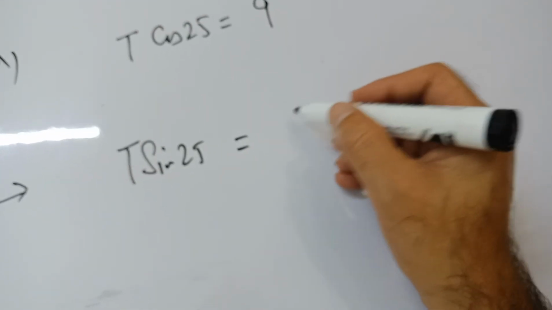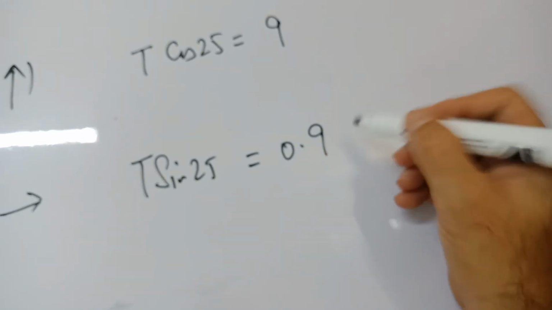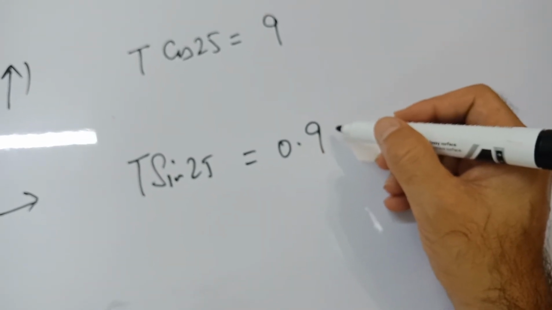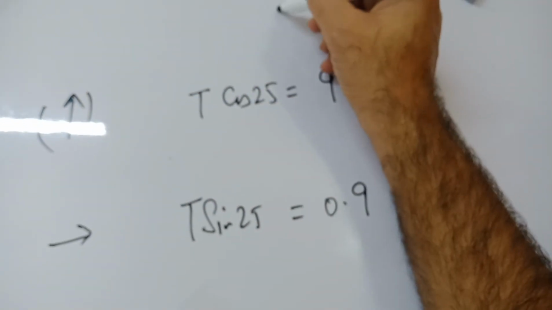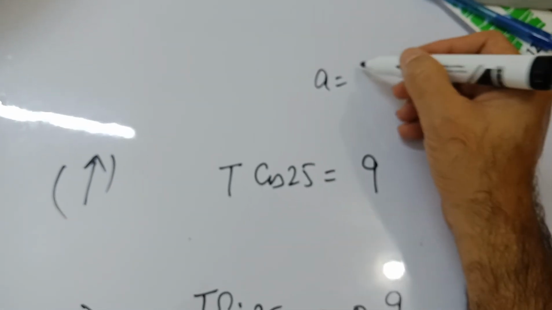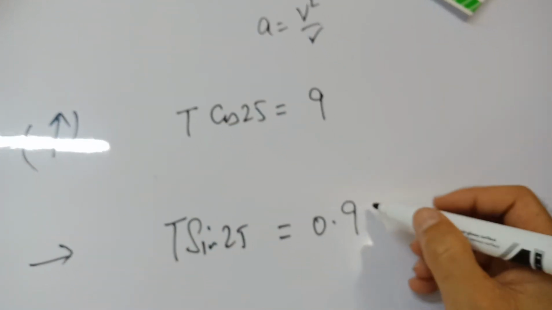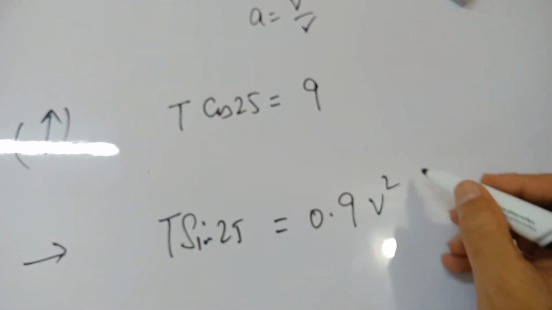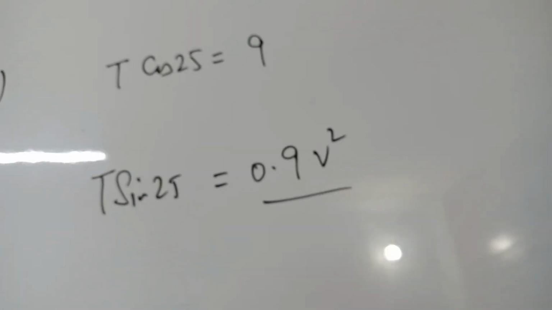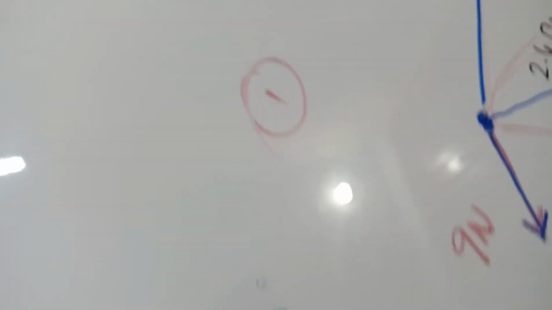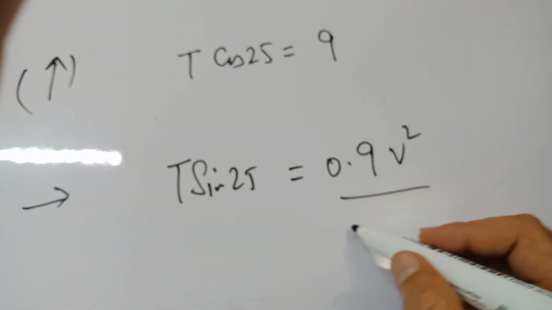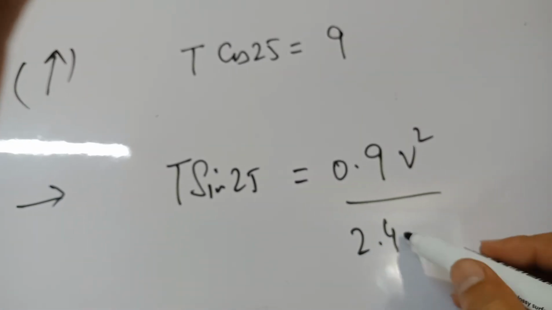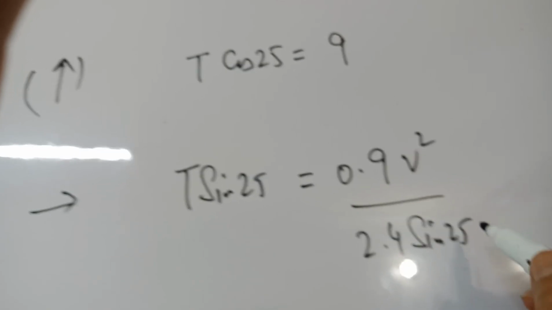The mass is 0.9, and since we are to find the speed, I'll use the acceleration as v squared over r. So this is m v squared over r. As I told you, we need the radius, which is 2.4 sine 25.